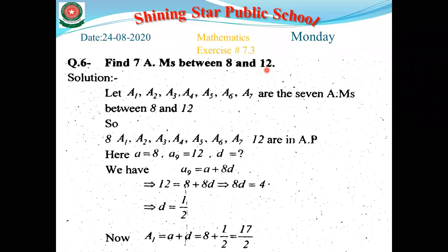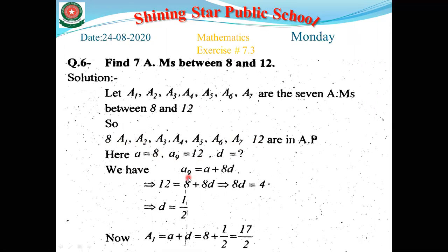So 7 AMs are A1, A2, A3, A4, A5, A6 and A7. These are the 7 AMs between 8 and 12. So here first term A is 8 and the ninth term is 12. Why the ninth term? Because first term, next 7 AMs and last term make 9.